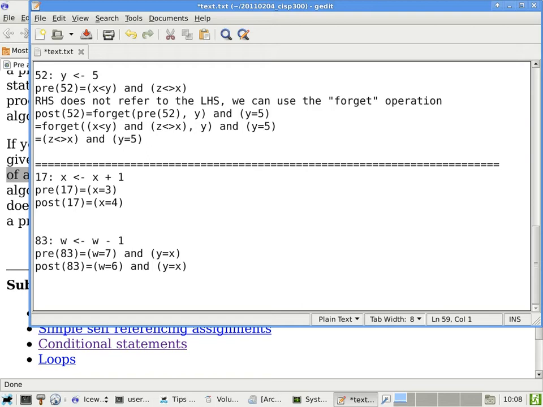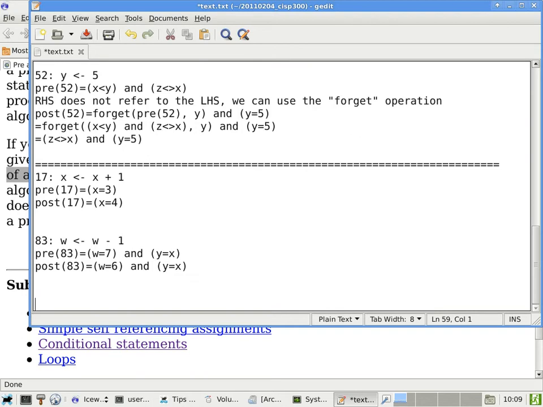So we don't throw away anything anymore. We just change. We're not forgetting anything. We're just adjusting what we knew. So we're keeping the same number of things on the screen, except we are tweaking it to accommodate the changes because of the assignment statement.